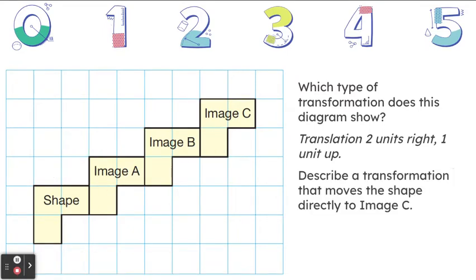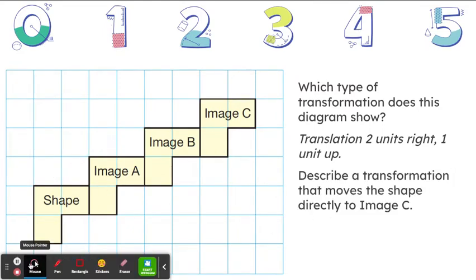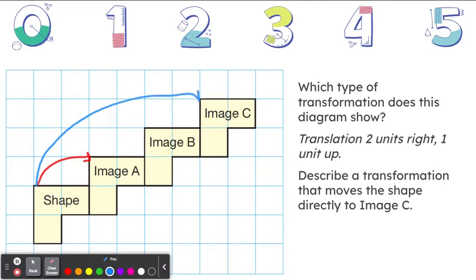Next is to describe a transformation that moves the shape directly to image C. So we described a transformation that takes the shape to image A, but what transformation would take the shape all the way to image C without having to go through image A and image B to get there? And there are 2 ways we could do that.